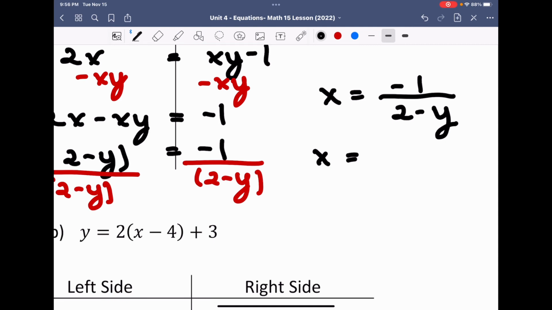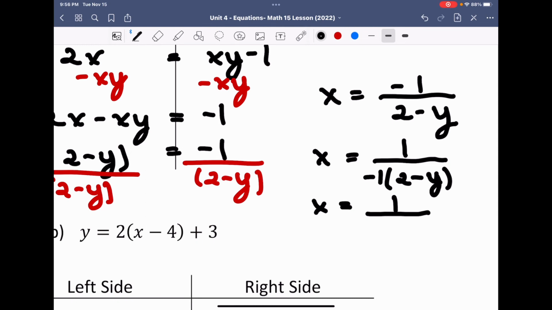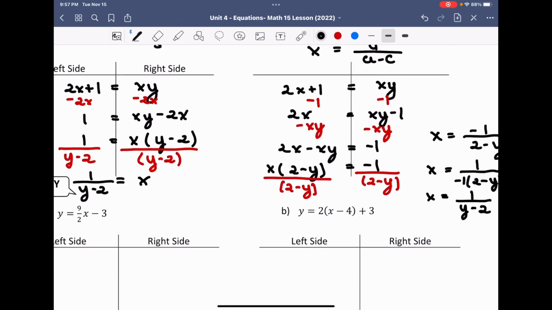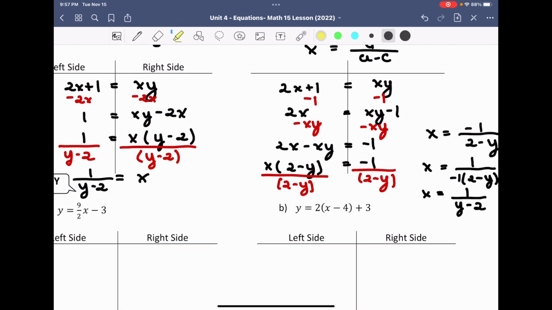Here's what I mean. I could shift that negative 1 to the denominator as a multiple of whatever's in the denominator, therefore giving me x equals 1 over negative 1 times 2 is negative 2. Negative 1 times y is a positive y, so I could write it as y minus 2. Now, you would realize that these two equations actually share the exact same form.